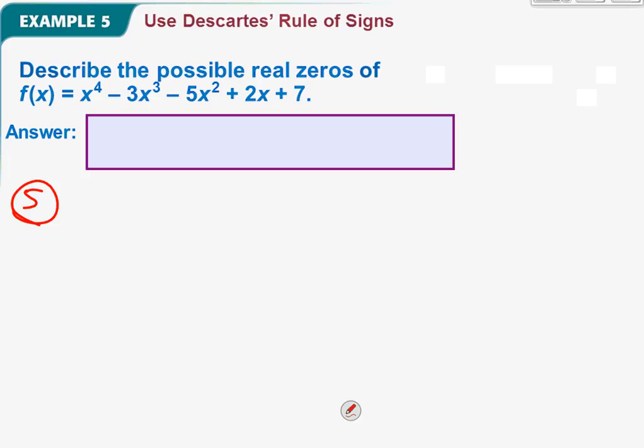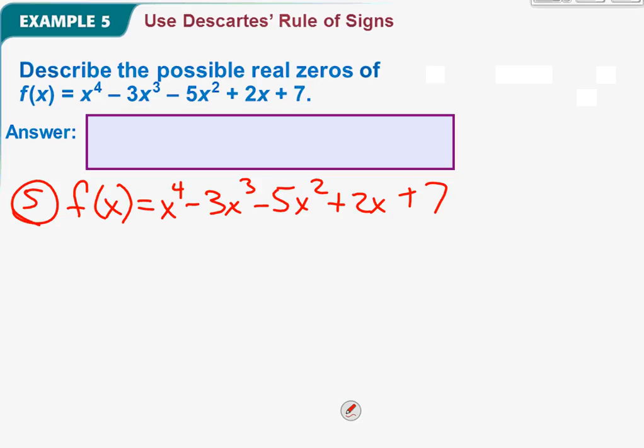And so when we do this, we're just going to look at the signs. So f of x is x to the 4th minus 3x to the 3rd minus 5x squared plus 2x plus 7. And we just use whatever terms we have, with no putting in zeros and all that stuff.